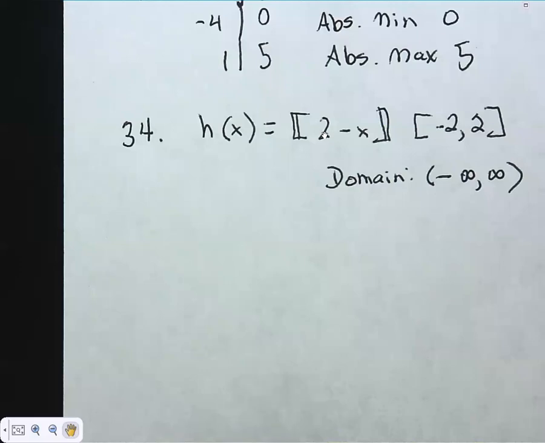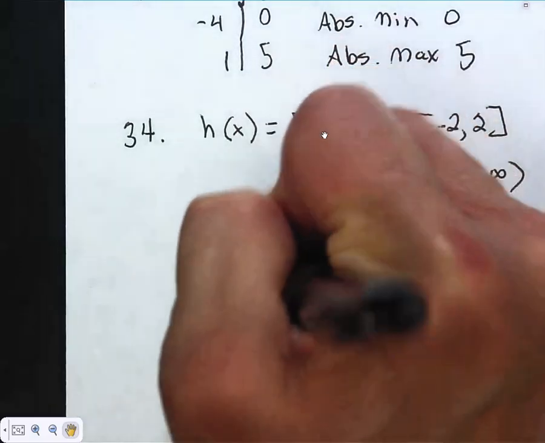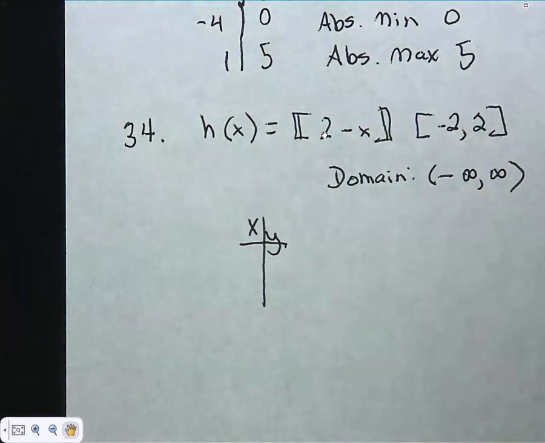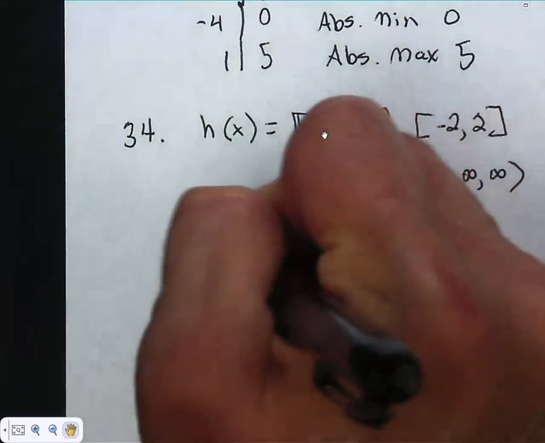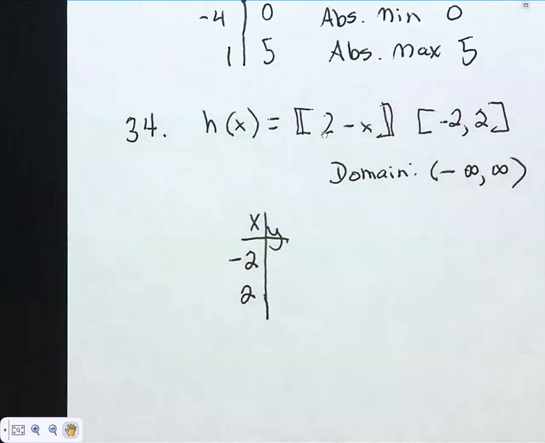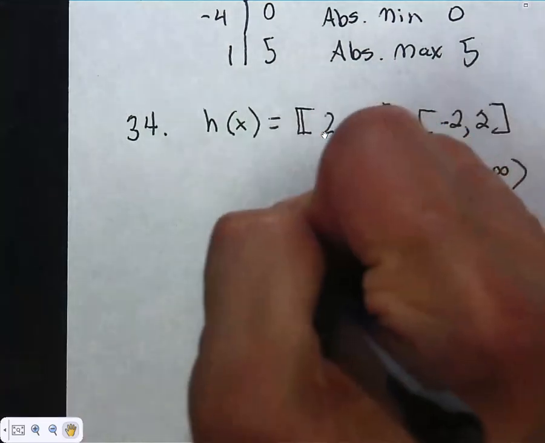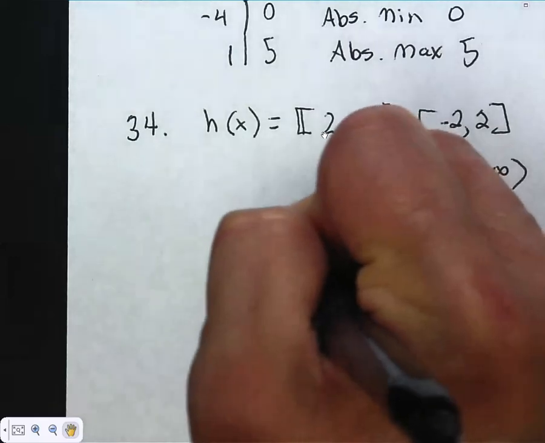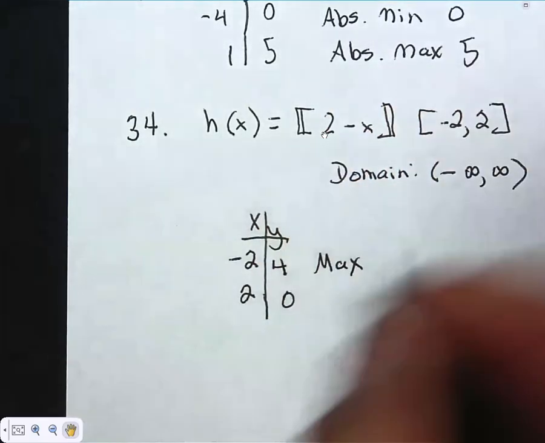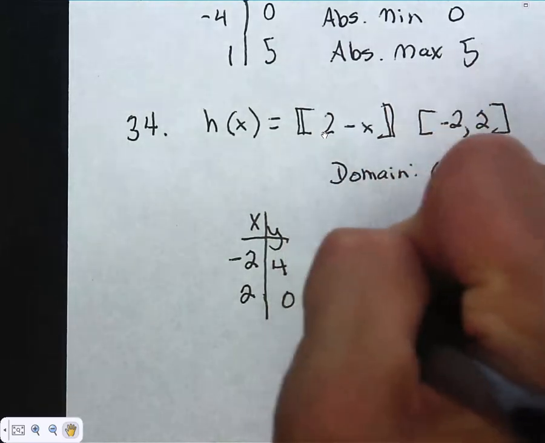So when I made an XY chart for that, I didn't bother putting in those 4 middle integers. I just found the y values for the endpoints. My max was 4 and my min was 0.